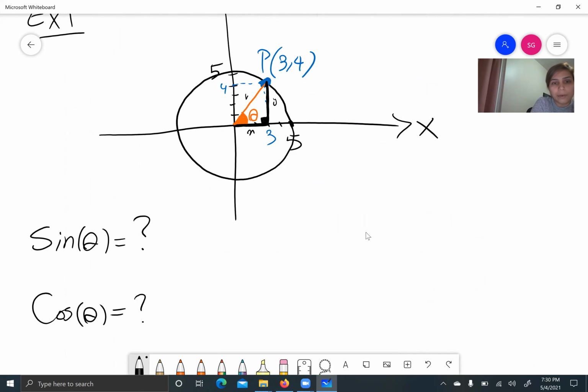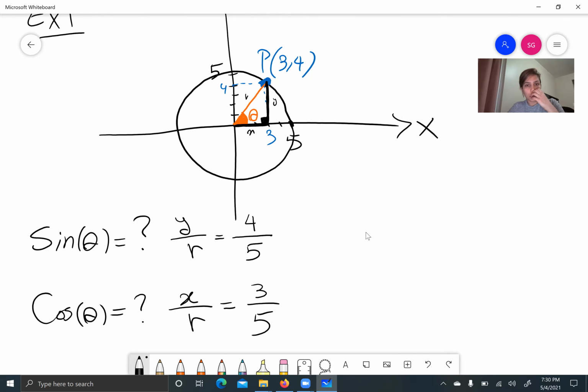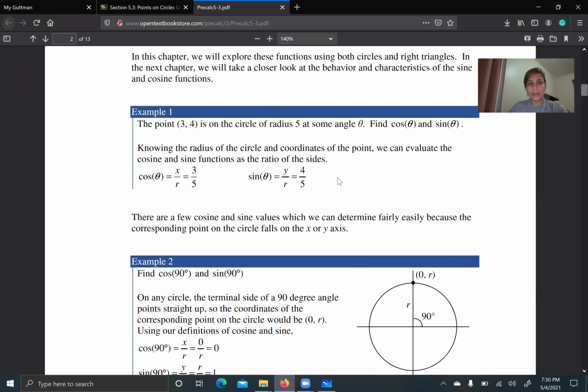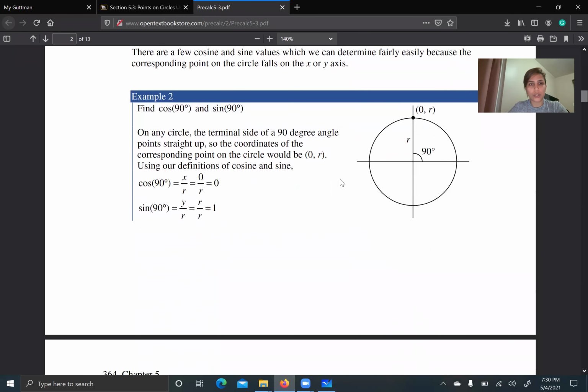So sine is defined as the ratio of y over radius. What is y in this case? 4. Radius is 5. That's it. Cosine is defined as the ratio of x over r. x is 3, radius is 5. So even though we don't know the angle, we were able to calculate the sine and cosine of this angle.